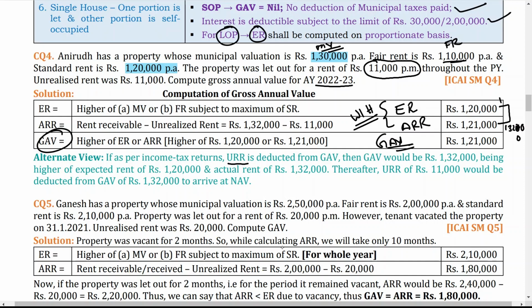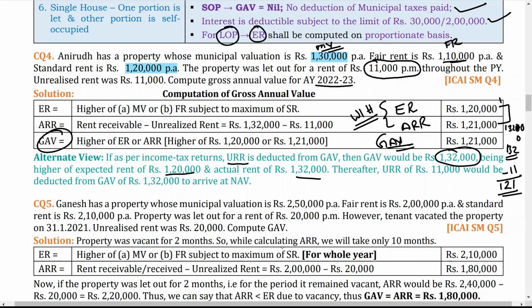And this is 1,20,000. Now you have to make a comparison. So again your answer is 1,32,000. Being the higher of expected rent 1,20,000 and actual rent 1,32,000, the higher is 1,32,000. So that will become your answer of GAV.